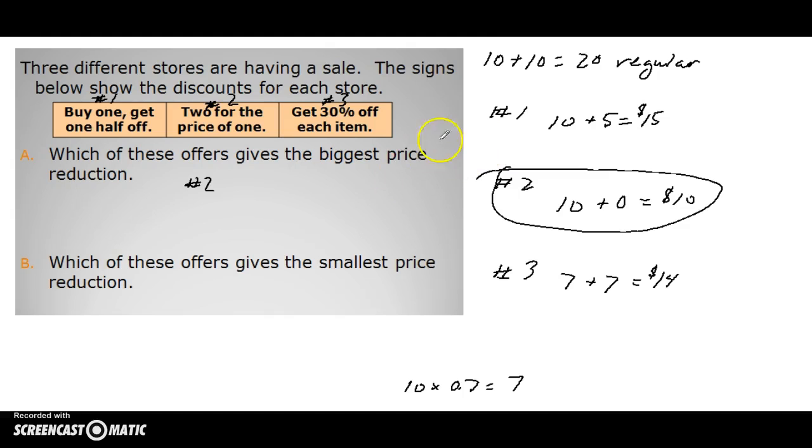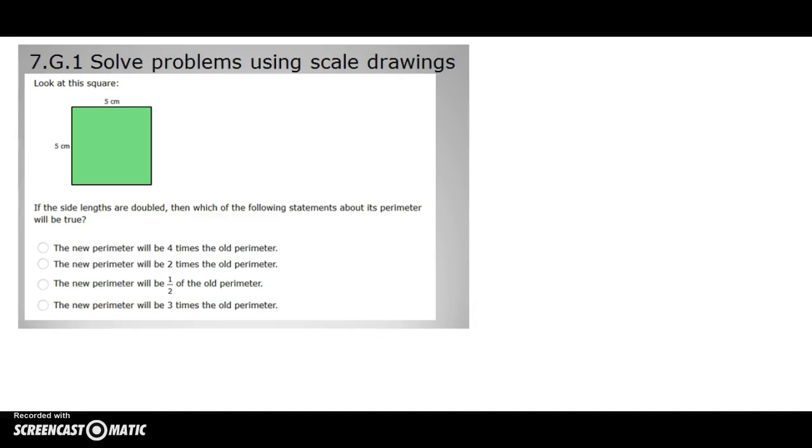This one kind of tricked me, but we're going to say the smallest price reduction is number 1. It was only $5, because you still had to pay $15, even though you got half off the second one. So this one kind of gets me. These ones I have to actually do the math just to make sure. I can usually make a pretty good guess, but I have to do the math just to find out.